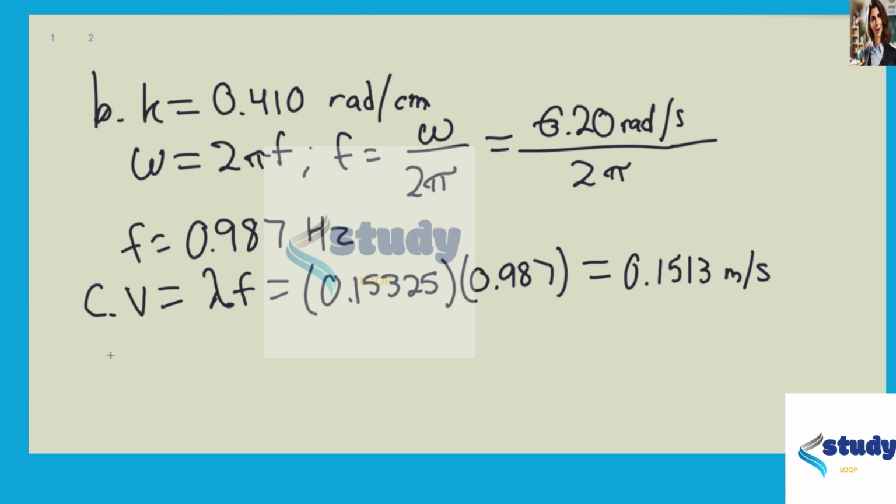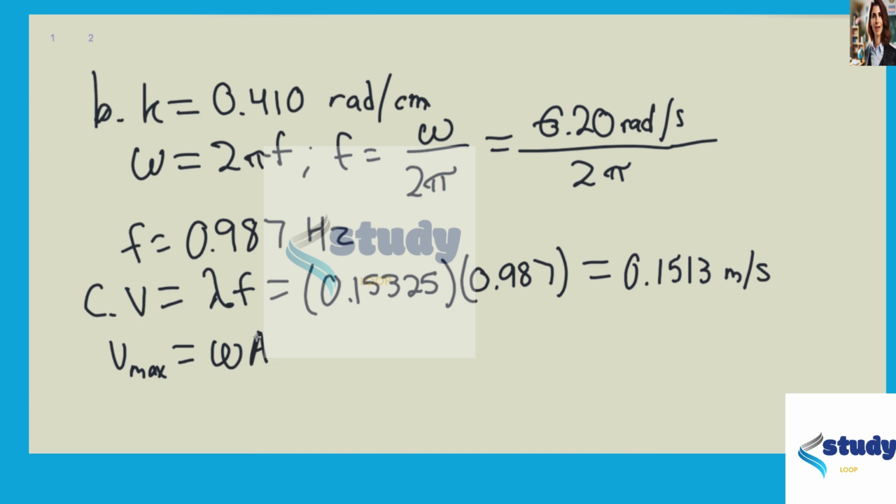And then they're asking us for the max velocity of the bobber going up and down. So here it would simply be the angular frequency times the amplitude. These are periodic waves, so we can use this equation to find the speed of the bobber, but the speed of the bobber is not the speed of the wave.